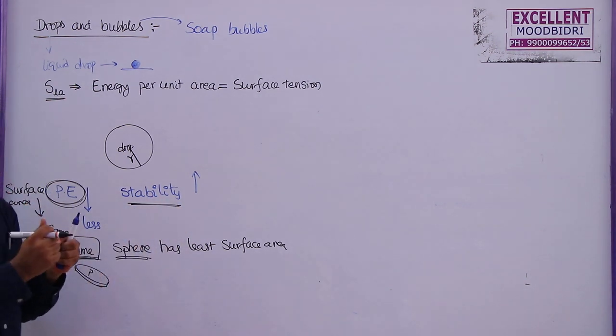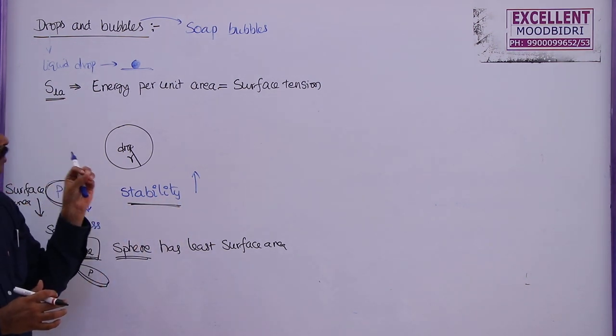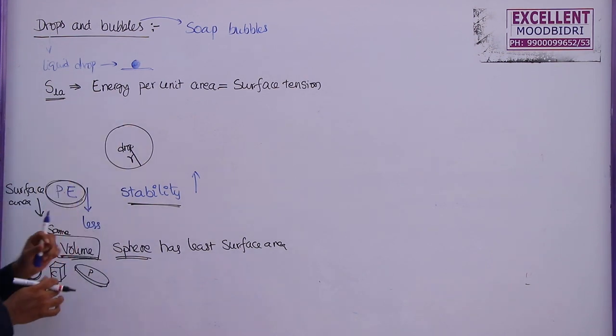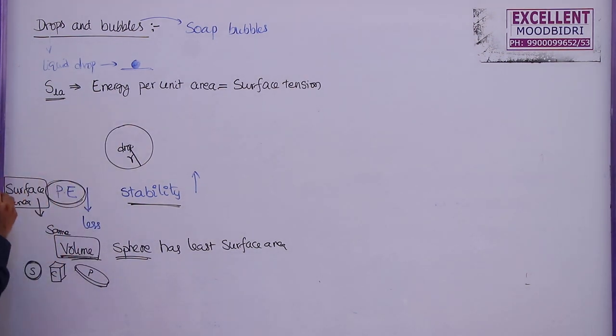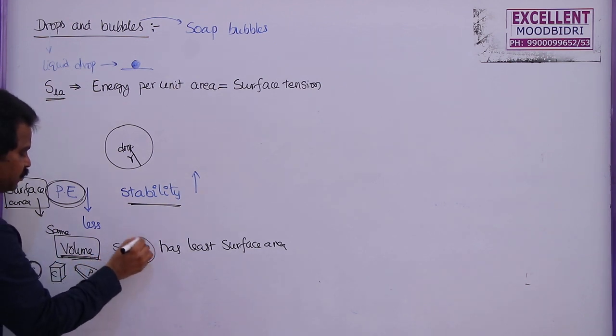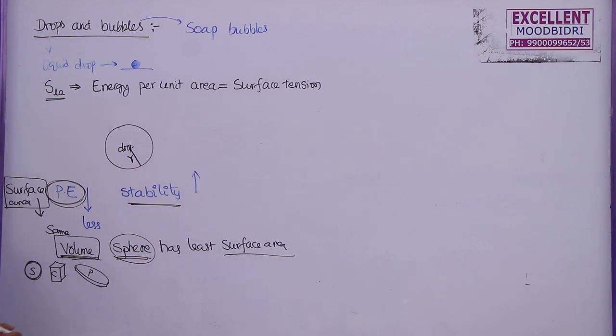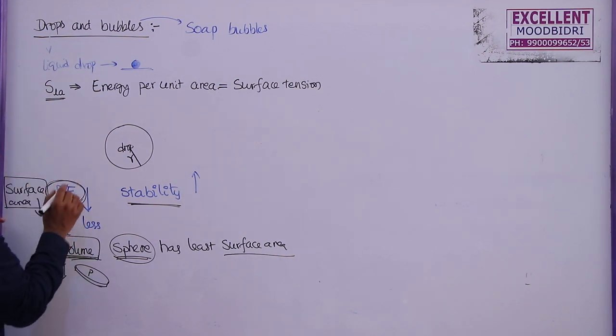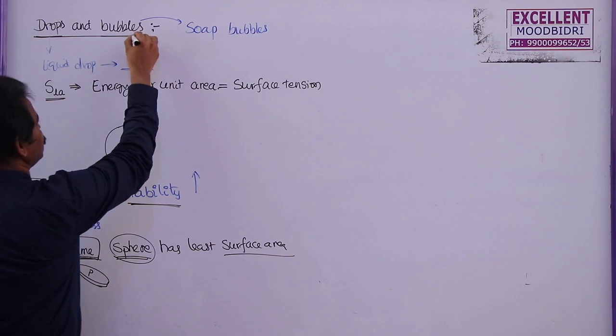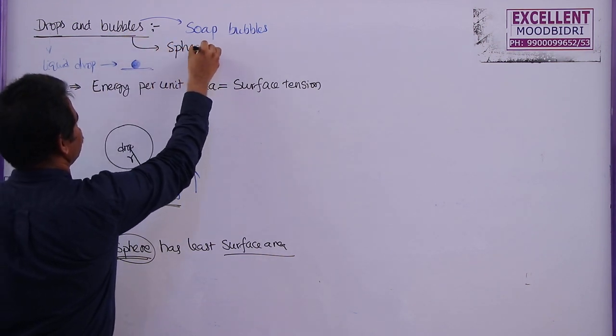To get that stability, all these liquid drops as well as bubbles will try to get the least surface area. So to have that least surface area, the shape will be a sphere. Why? Because a sphere has the least surface area. So this is the reason why all the drops and bubbles are spherical in shape.